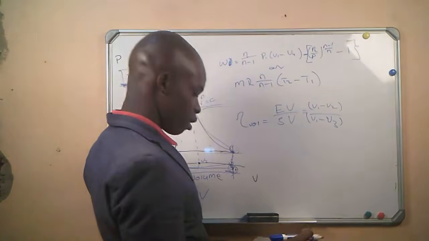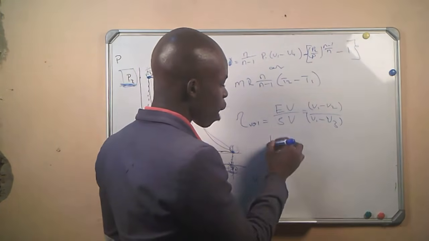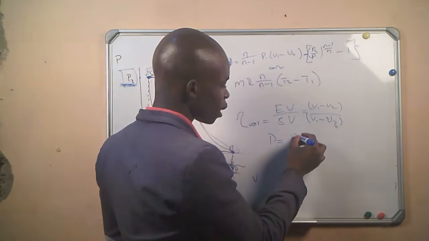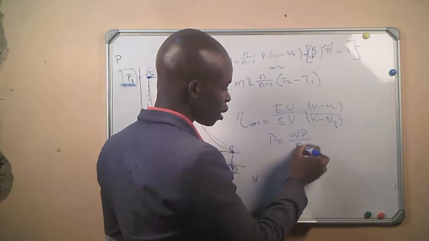And then we have the formula for power. We know that power is equal to the work done per second.